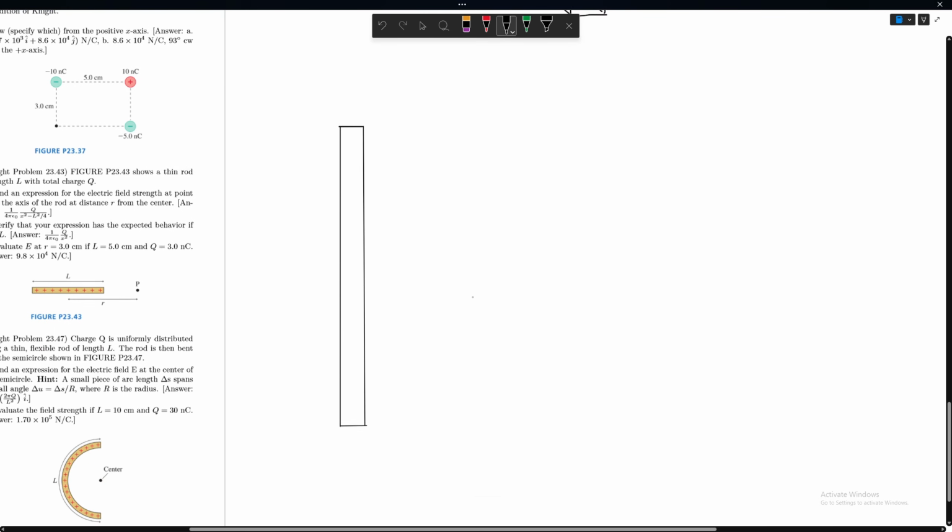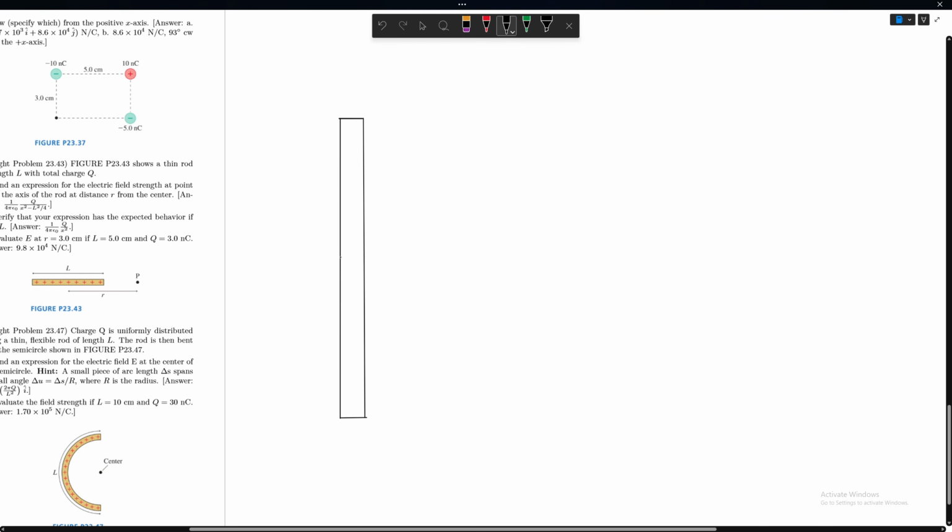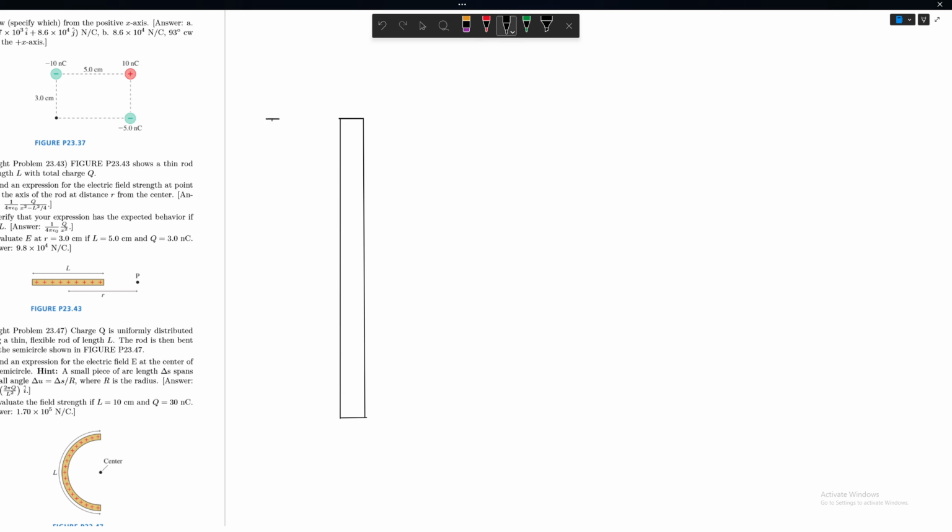All right. So now that we know what lambda is, let's go here. What is the problem with this? This has some length L, and before I get here, let me put my charges.